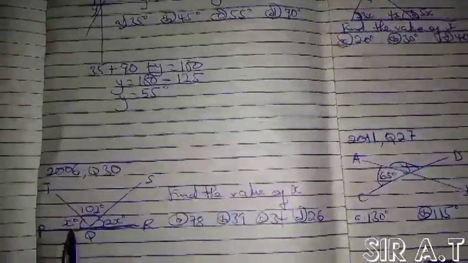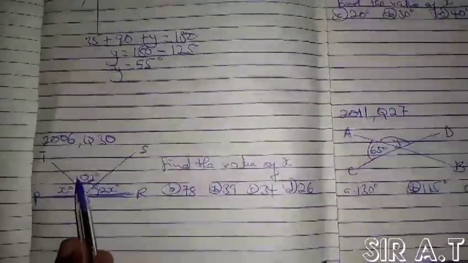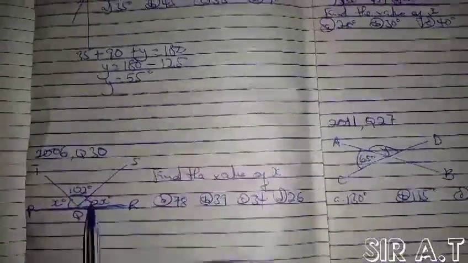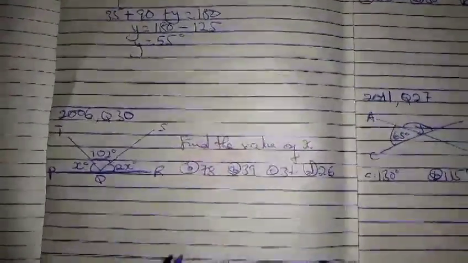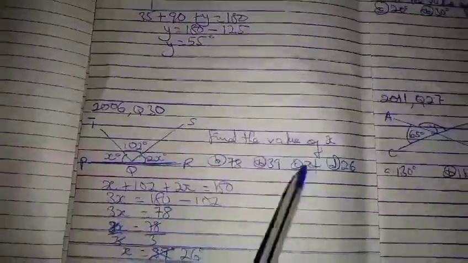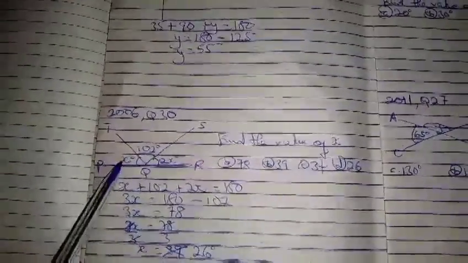So this is 2006, this is angle on a straight line. You put x plus 102 plus 2x, it should be equal to 180 degrees. So if you had 26 as your answer, you are correct. We put all this together and equate to 180.